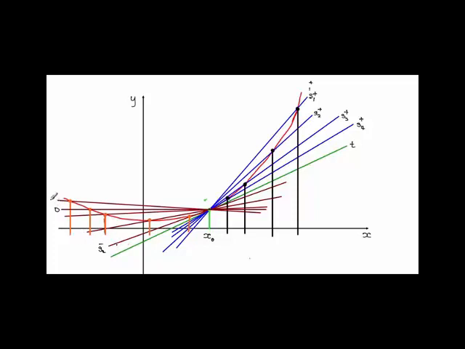In this case, we number this secant 1 from the left side, secant 2, secant 3, secant 4. Actually, this will be secant number 5. As you can see, the gradient is coming closer and closer.